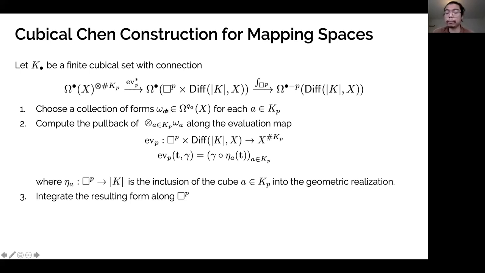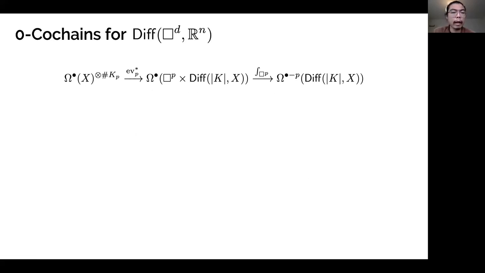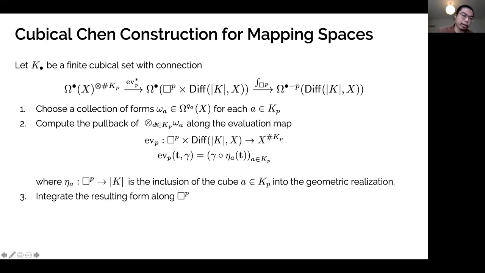And so now that we have this construction, in order to get some definition for mapping space monomials or the mapping space signature, we're going to be looking at the zero cochains of this model. And it turns out that there is a much larger variety of zero cochains for these mapping spaces compared to the path-based setting, simply because there's a much larger variety of the types of differential forms we can choose for these omega A's.